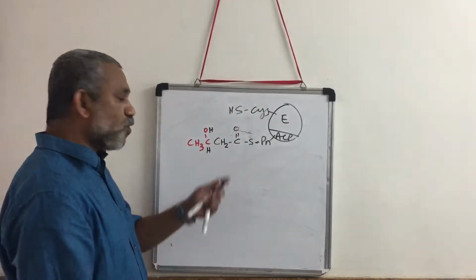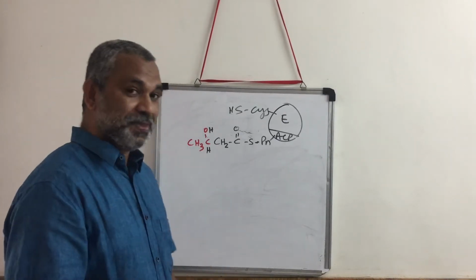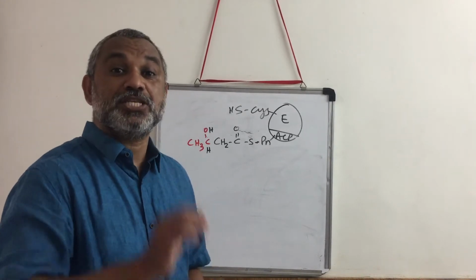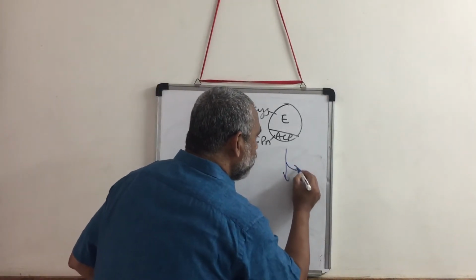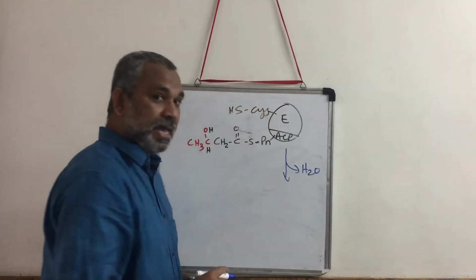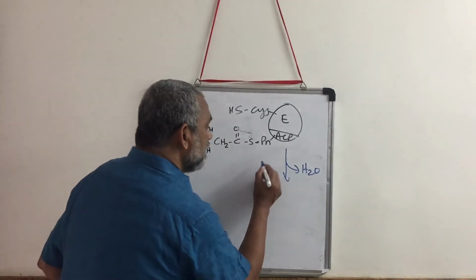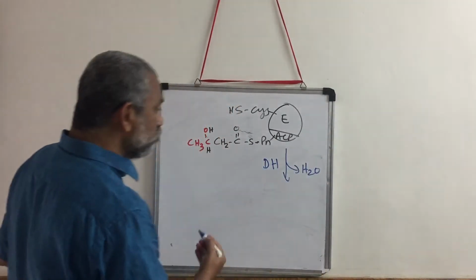Once it is formed, we are still in domain number 2. The function of the next enzyme is to remove a molecule of water. That water is removed by the dehydratase enzyme. So dehydratase removes a molecule of water.